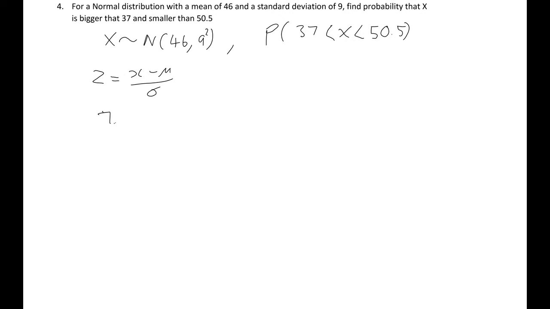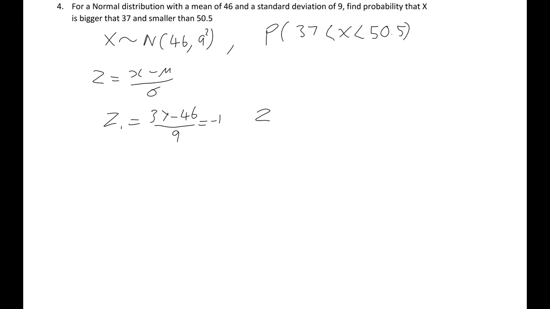So our first z value equals 37 minus 46 over 9, and that equals minus 1.